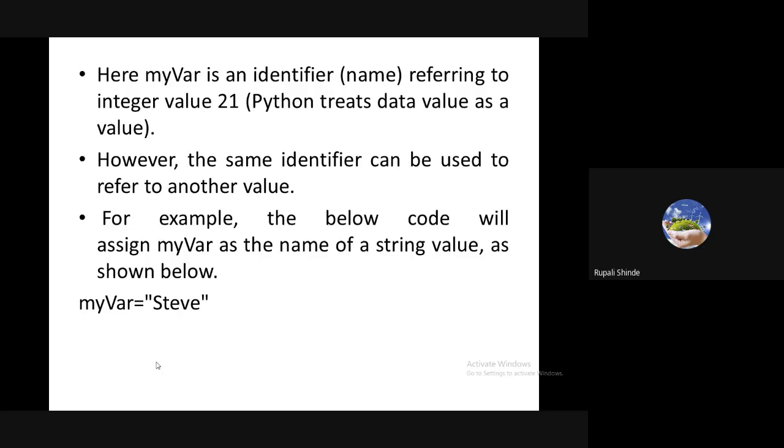There is no error. Python will not give us any error, even though myVar was a variable having an integer value and now you are storing a string. In this case, any identifier or variable identifier is a label of value. Okay, so any type of value can be stored in a Python variable.